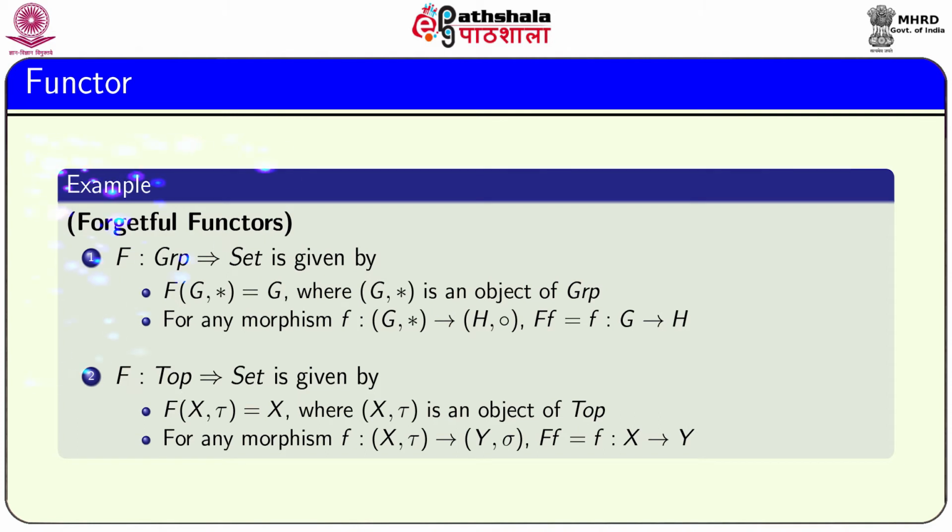Any morphism f from (X, tau) to (Y, sigma) in the category Top is basically a continuous function from X to Y. So, f will be the same f, but it will be the mapping from X to Y, ignoring its continuity, as there is no topology on the sets X and Y in the category Set.